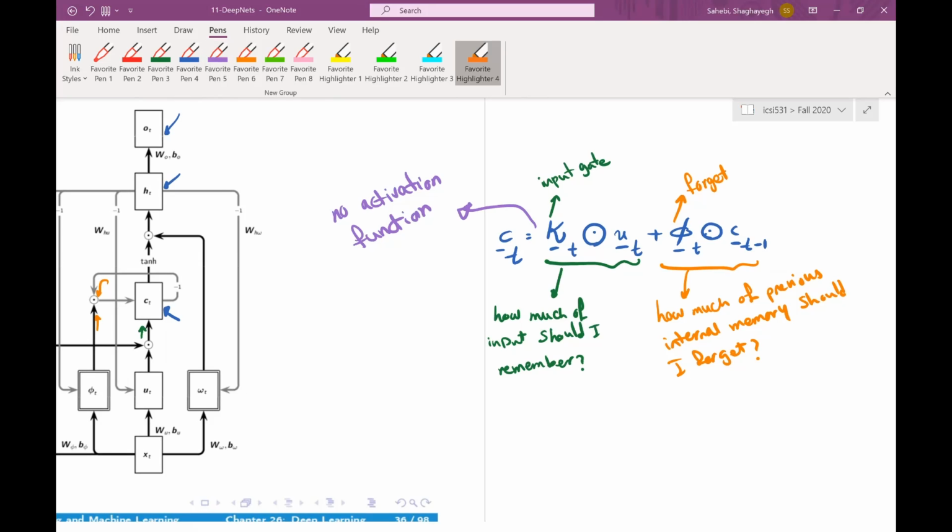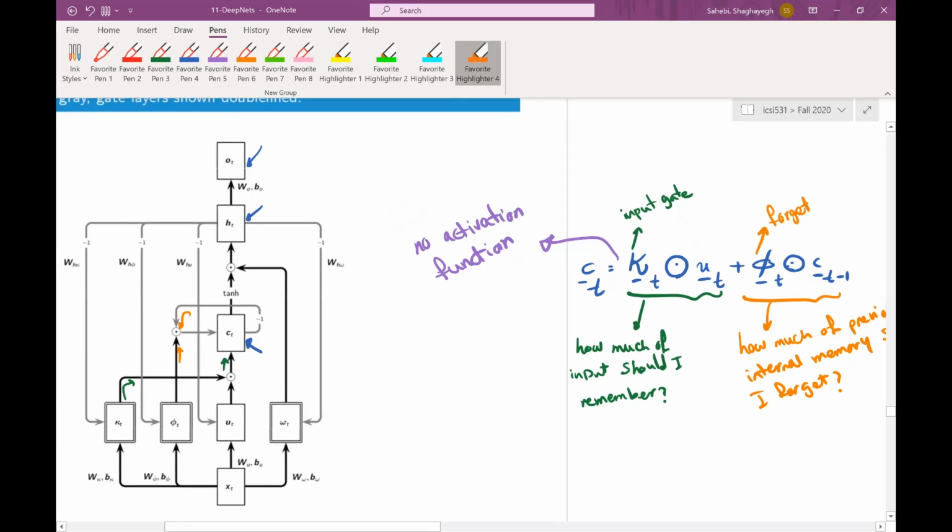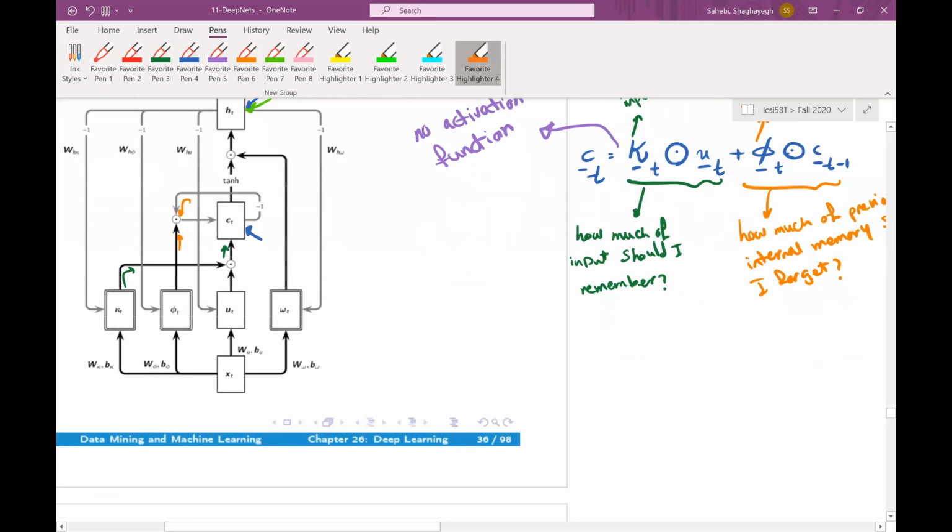From the other memory that we have, we also still have a hidden state h_t, similar to what we had in RNN and MLP. Now h_t is the memory that our output layer sees.